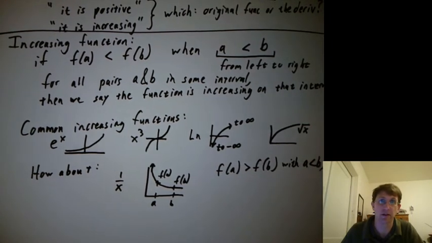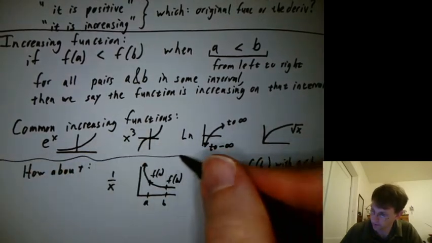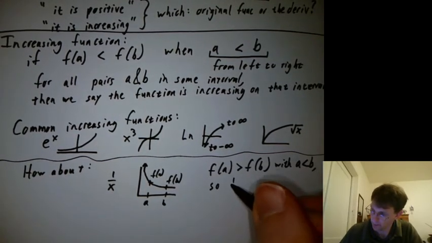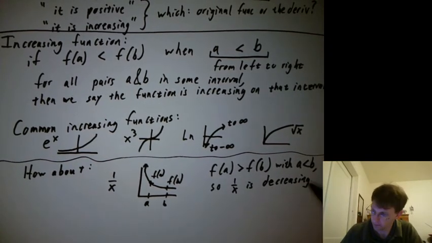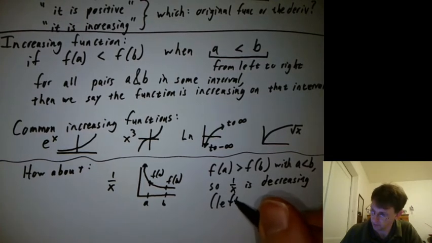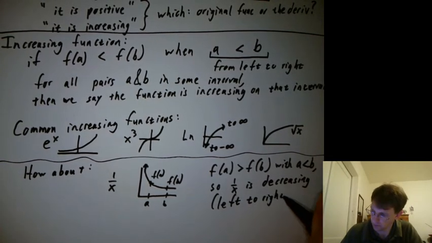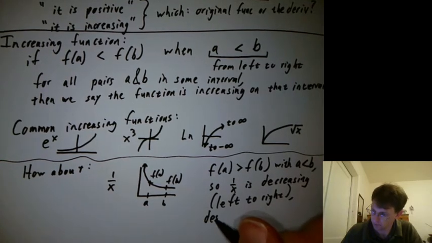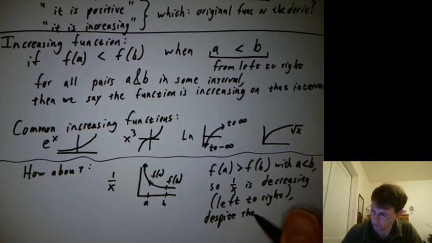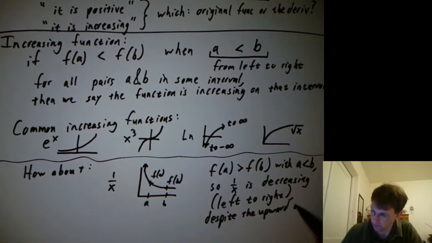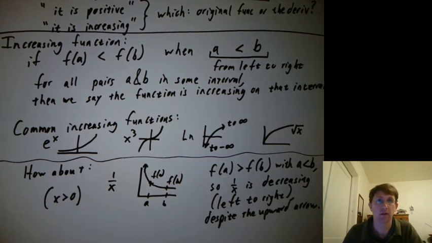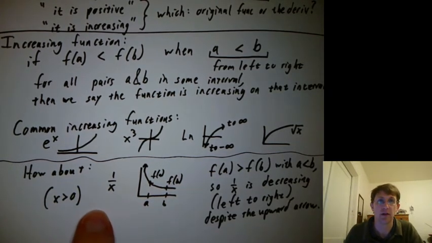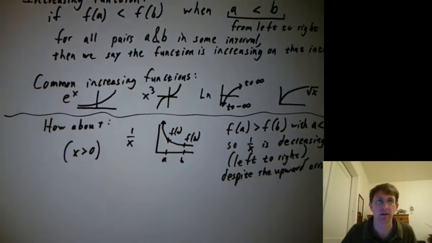So the function is decreasing. Here we're saying just for x greater than 0. If we did x less than 0, we would see a hyperbola like that, which would also be decreasing. But we were really only analyzing the one side of it.